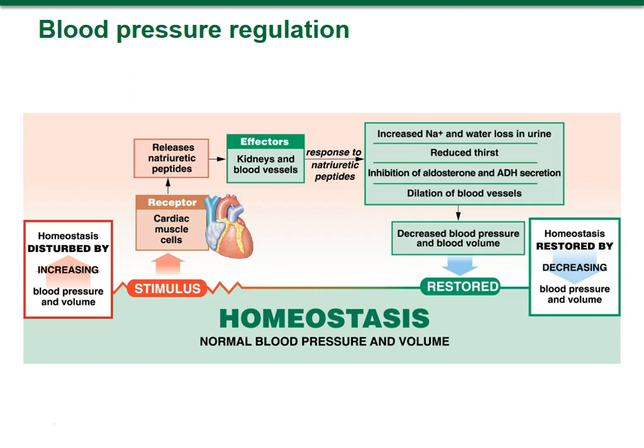Now, one extra thing shown on here as a result of the natriuretic peptide released by the heart is also your blood vessels will dilate. So they get larger and therefore not as much pressure. You know how if you want to increase pressure, say on the hose pipe, you restrict the end of it to make it squirt. So in this case, you're doing the opposite.